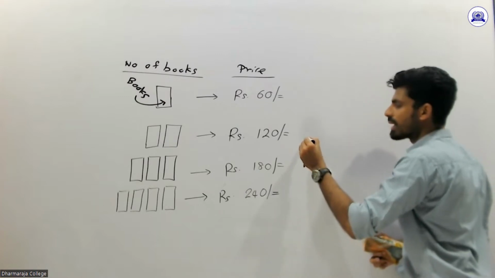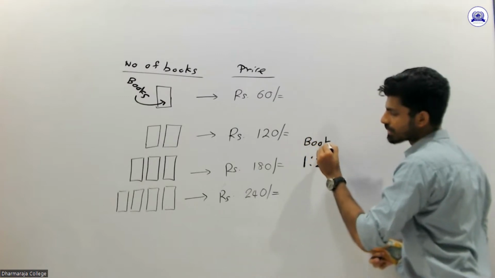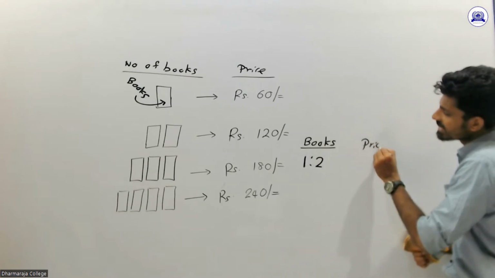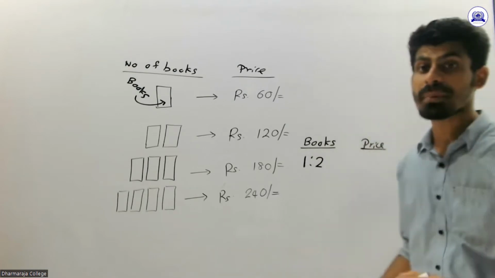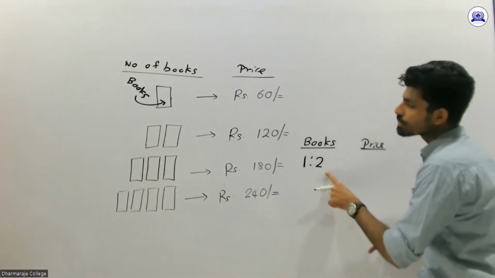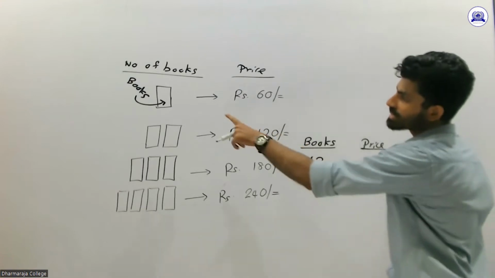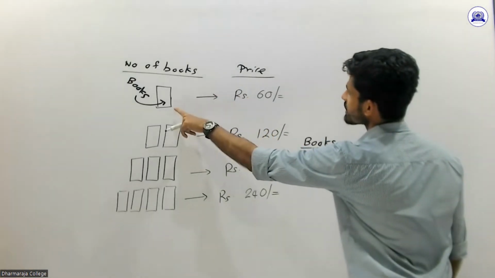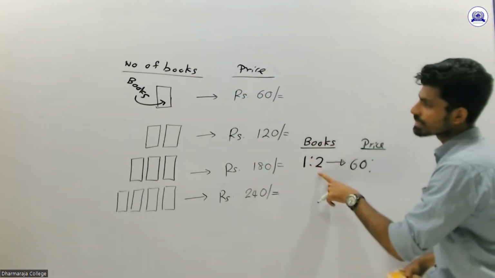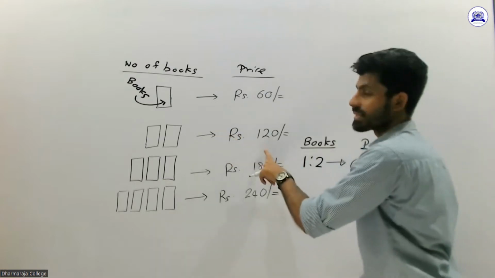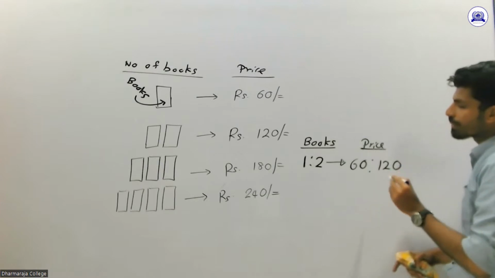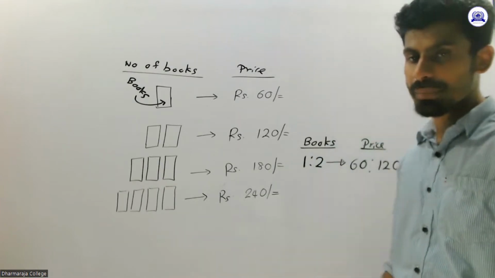This is the number of books, and this is the ratio corresponding to prices. 1 to 2 means the price of one book, 60, to the price of two books, 120. So 60 to 120.